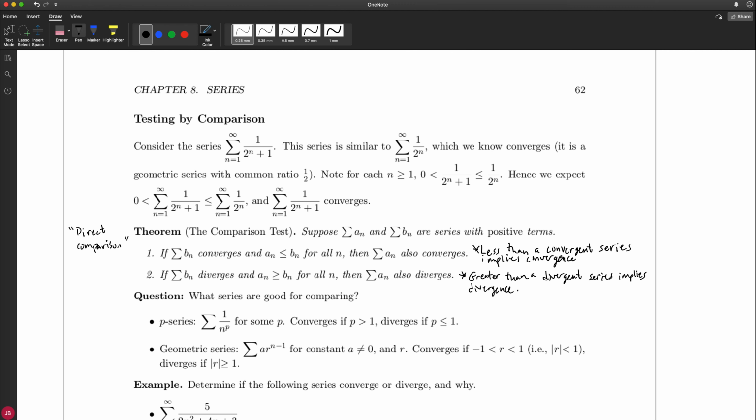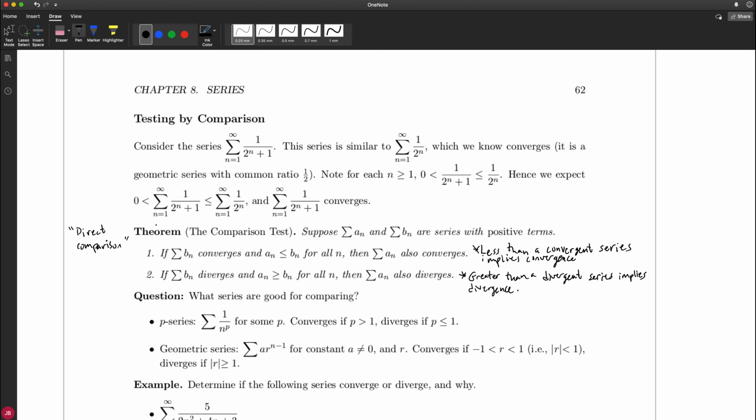So let's consider this series, the sum n equals 1 to infinity, 1 over quantity 2 to the n plus 1. Now, you'll notice that for every n value, the denominator here is ever so slightly bigger than 2 to the n, right?